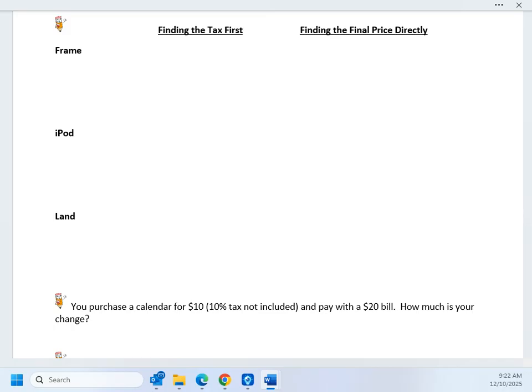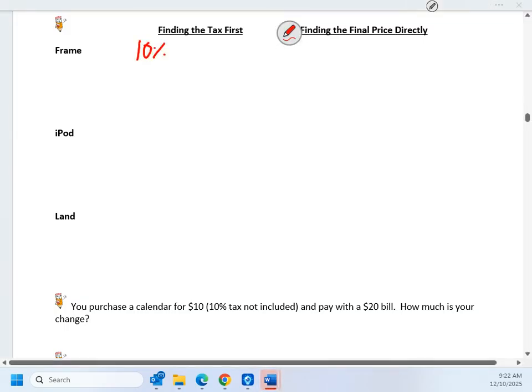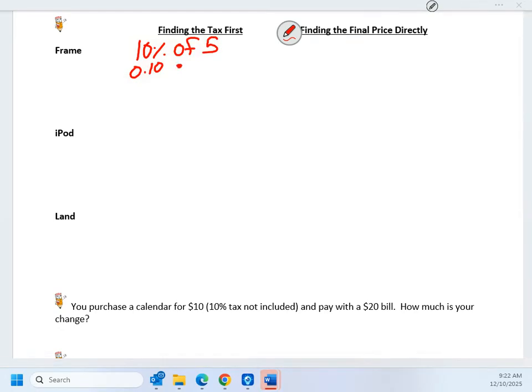If we look at that picture frame, we know there was a 10% tax on the $5. So our first method, we can find 10% of 5. We know that's 0.10, of means times, 5. So what is that actual tax going to be? What is 10% of 5?